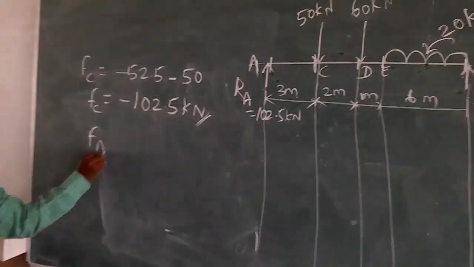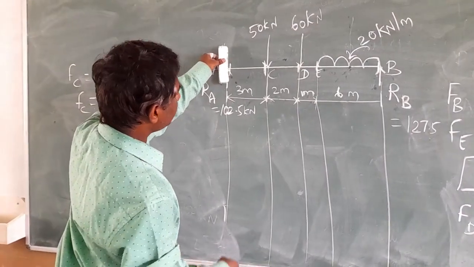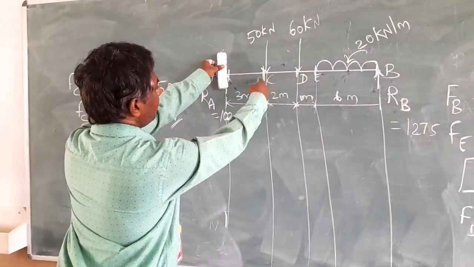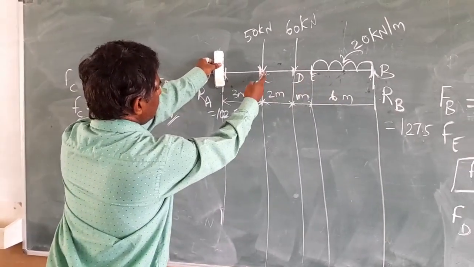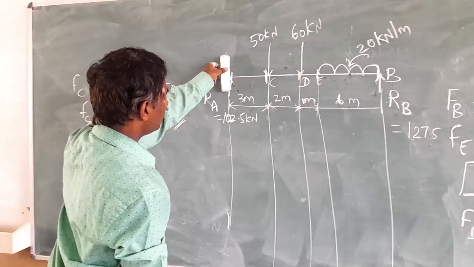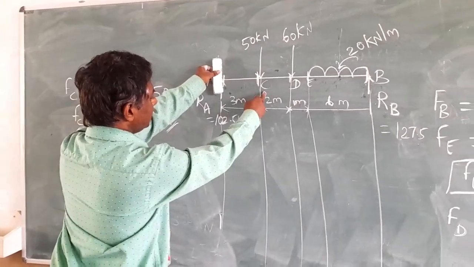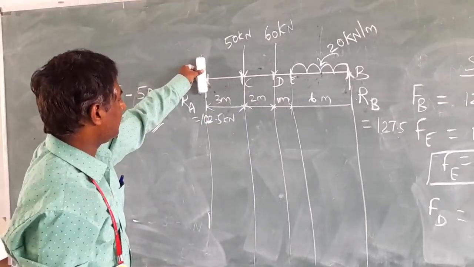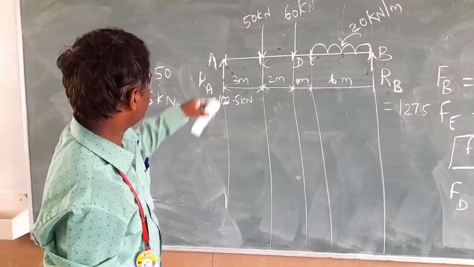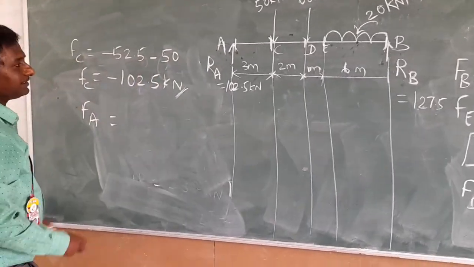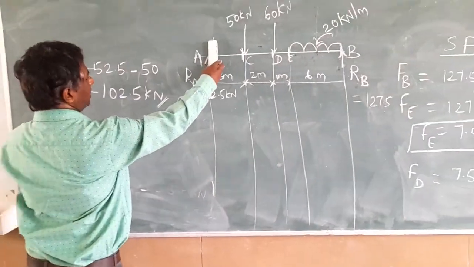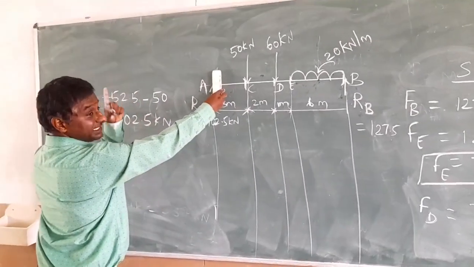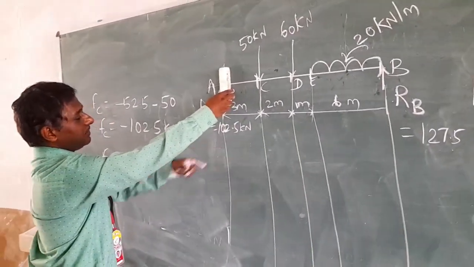Next, FA. So this is the reference point. So consider right side, already everything has been considered. In between there is no load. So whatever the shear force value is at FC, the same value will come for point A. Otherwise, we consider this point, consider left side, left up is negative, the value is 102.5.